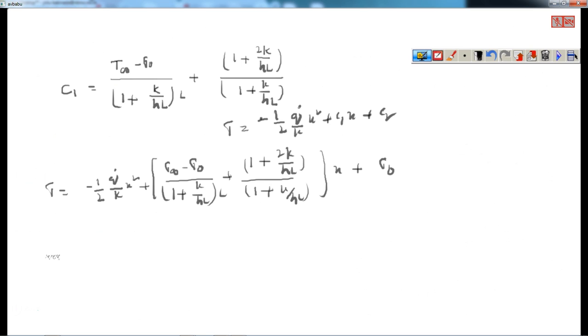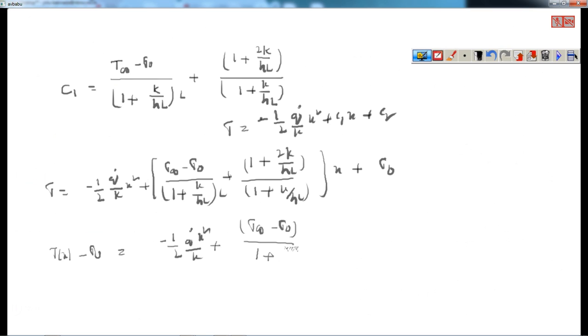Now I'll write it as this temperature distribution, meaning the temperature at any point x, I can say T(x) minus T0 is equals to, I will write it in a fashion. See here, I will write it. First, I will write it like this: minus 1 by 2 q dot by k x square into x square plus T infinity minus T0 divided by 1 plus hL by k, which is the Biot number.